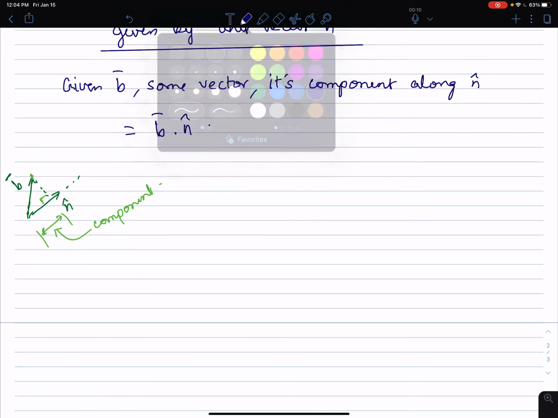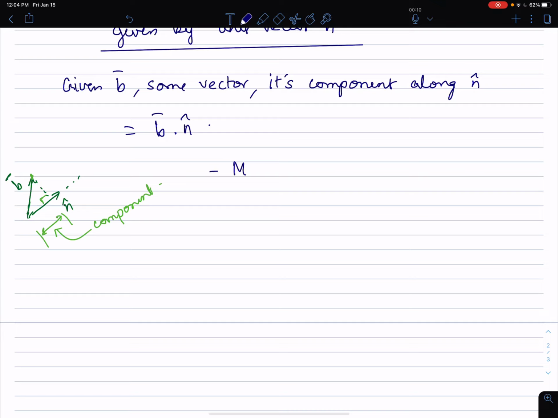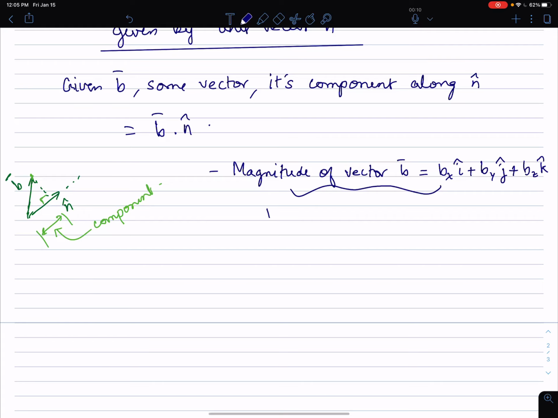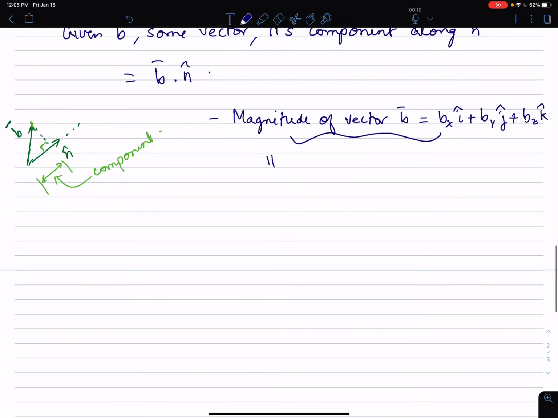So that's component. Another quantity is the magnitude of a vector. If the vector is b with components b_x i plus b_y j plus b_z k, the magnitude is given by, the notation is |b|, like so.